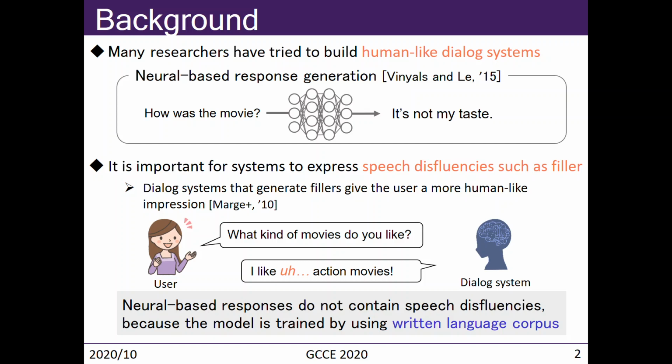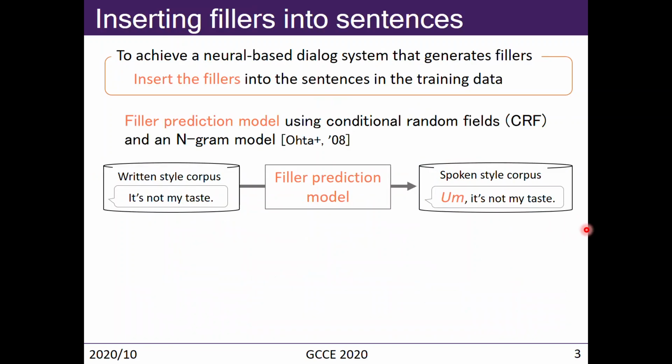However, neural-based responses do not contain speech disfluencies enough, because the model is trained by using written language corpus. To achieve a neural-based dialogue system that generates fillers, one of the approaches is inserting the fillers into the sentences in the training data.